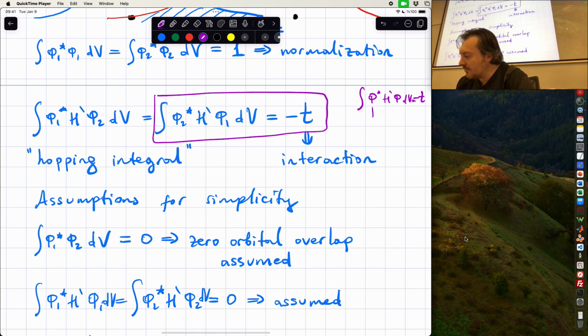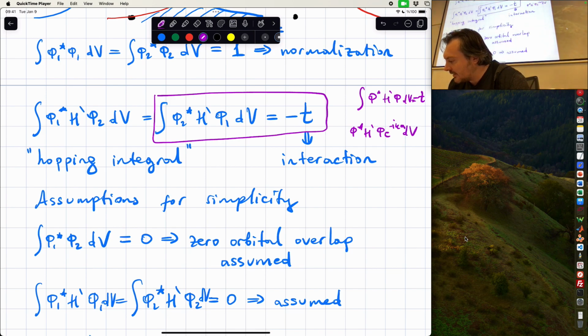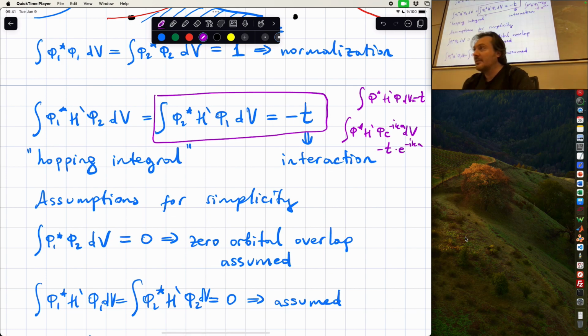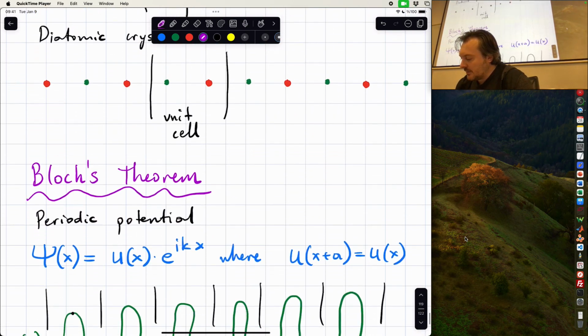Now, if one of them has a phase added to it, right? Then you are going to have phi star H prime phi e to the minus ika. I hope you are seeing the difference here. So that's why it's going to be t times e to the minus ika. Yes or no? Yes? So that's why we get e to the minus ika.